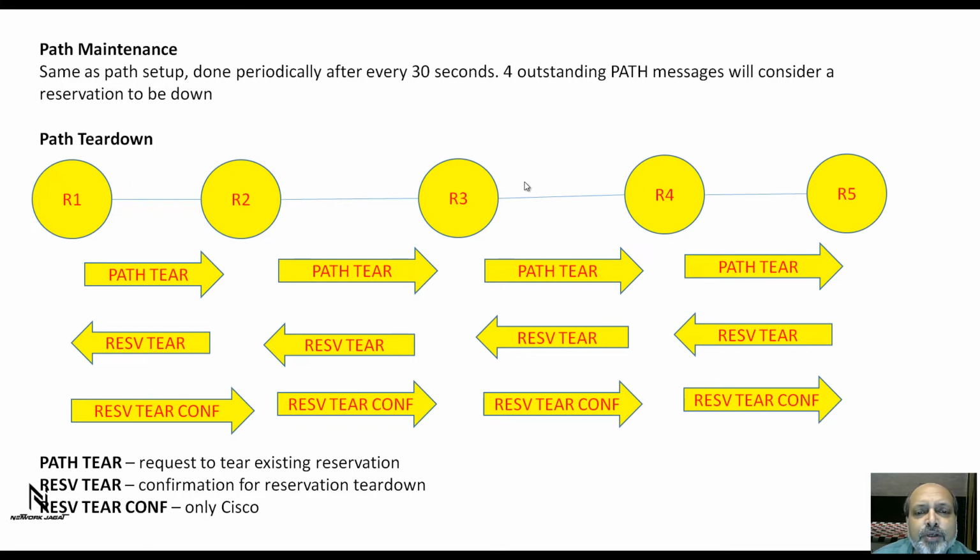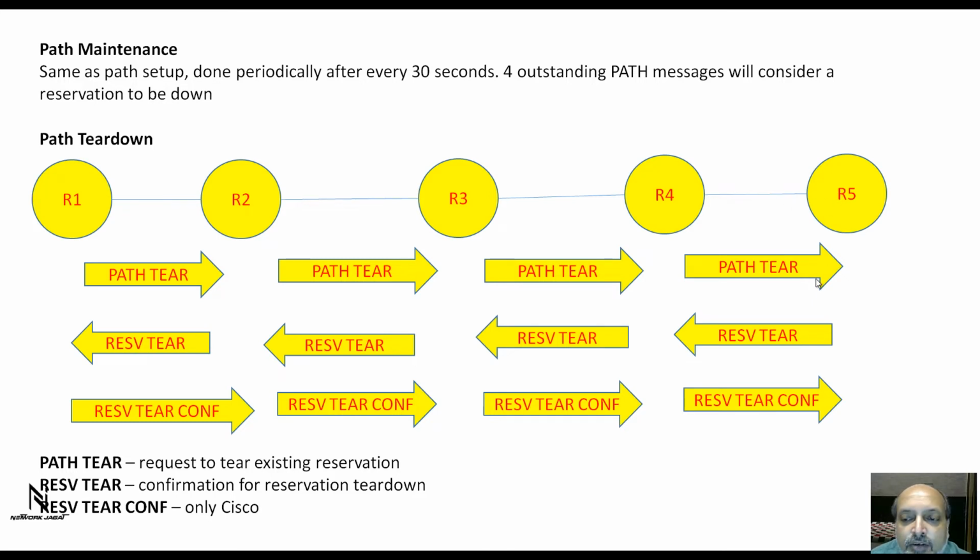Now if RSVP becomes angry because a certain section of the path is not responding back with that RESV message, RSVP understands that something needs to be done to rectify that error. So first I need to tear down the path. How? It is once again a path tear message from R1 to R2, which is handed over from R2 to R3, from R3 to R4, and finally from R4 to R5, that is the tail end.